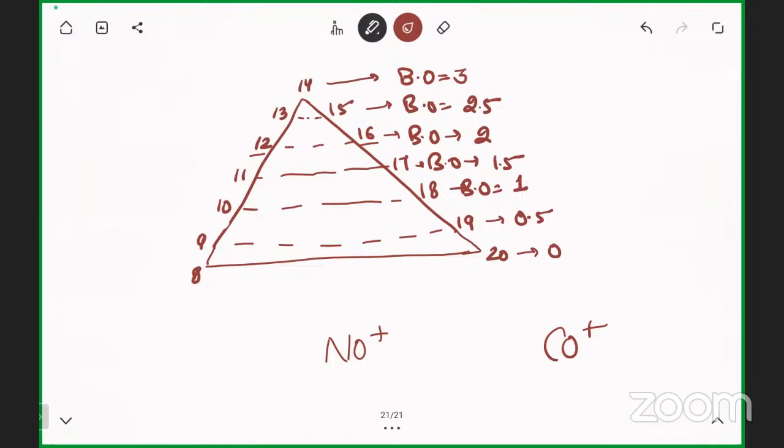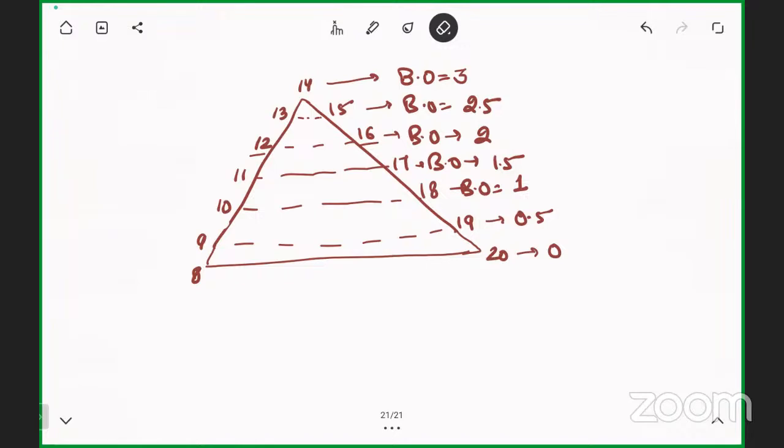Let me see one more example. Example is N2 2 positive. Bond order? 2, sir. So is this clear? Yes, sir. So you can use this trick and answer any question just by calculating the number of electrons. The bond order will be quite easy. Okay.